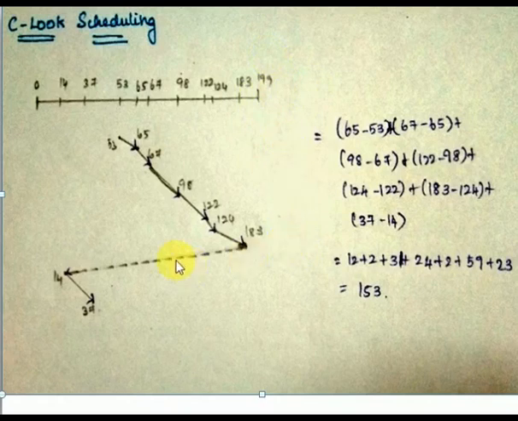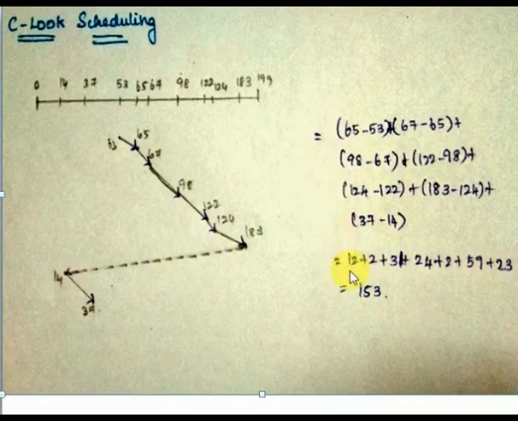To calculate the seek time: 65 minus 53, 67 minus 65, 98 minus 67, 122 minus 98, 124 minus 122, then 183 minus 124 and 37 minus 14. Here also you can notice that 183 minus 14 is not used because we are not serving any request in between. So the overall seek time is 12 plus 2 plus 31 plus 24 plus 2 plus 59 plus 23. So that's going to be 153.